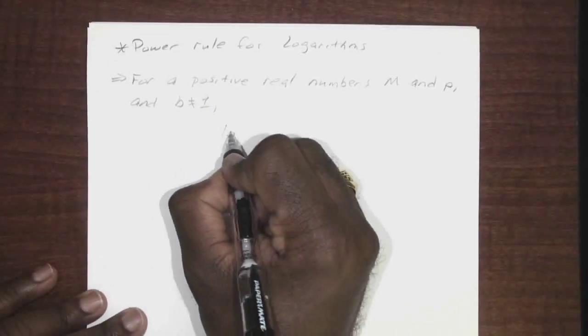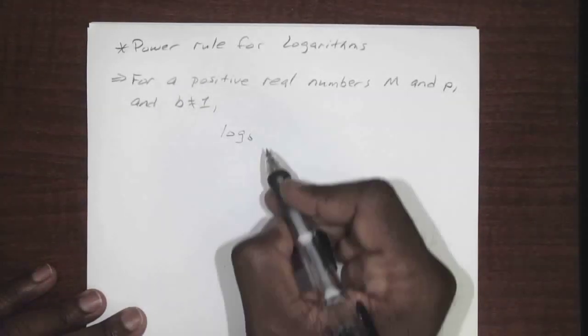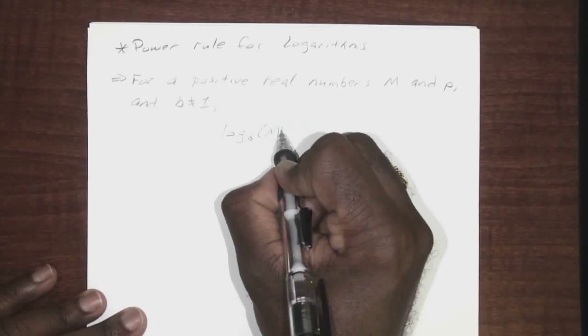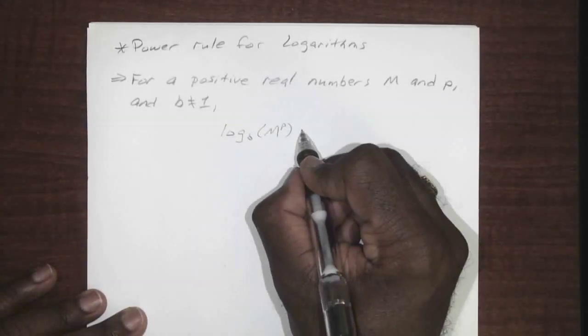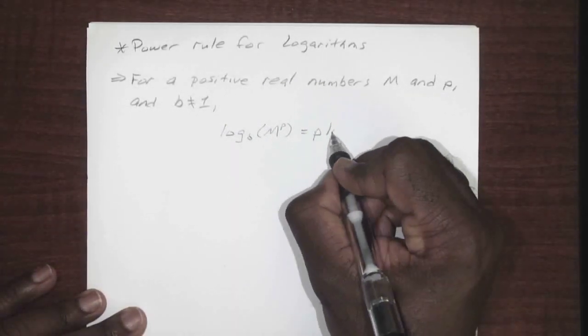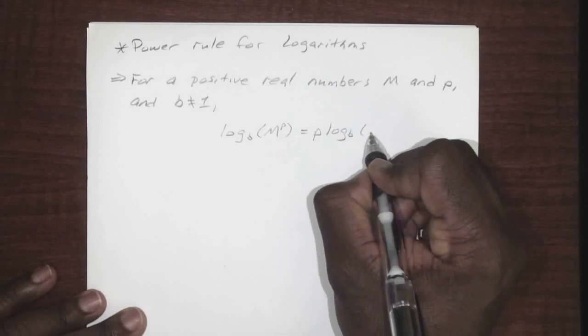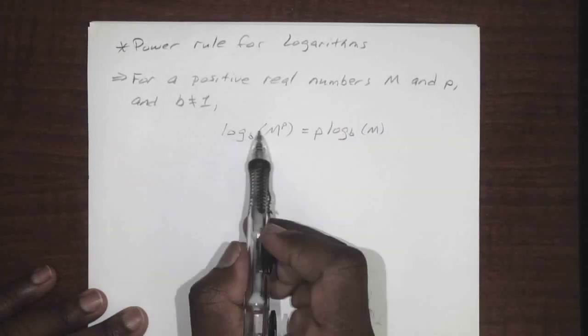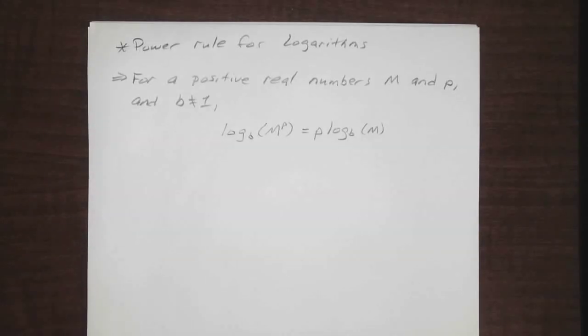It means if you have the log base B of M to the power of P, that equals P times log base B of M. That just means that exponent just comes out to the front.